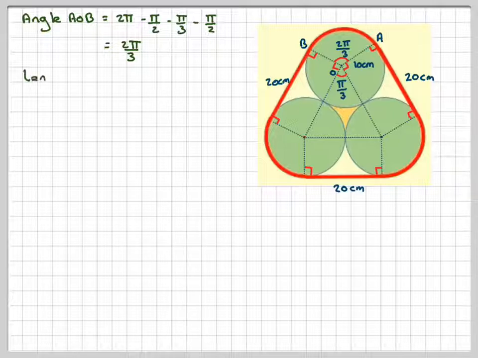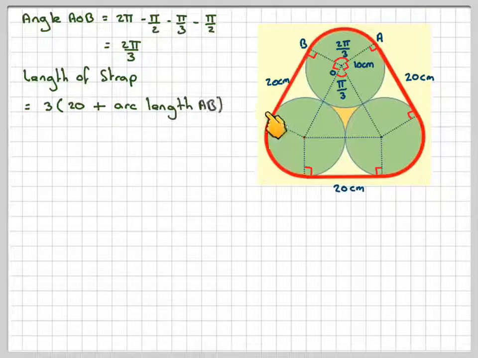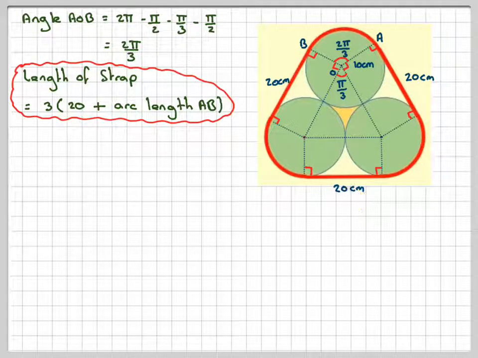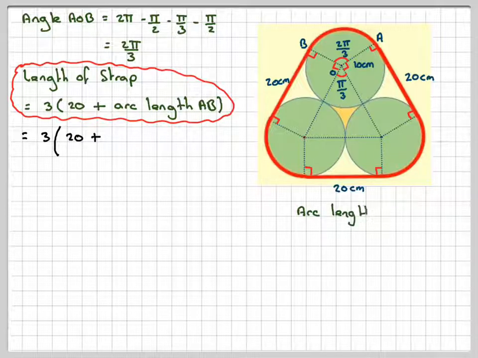So the length of the strap will be 3 times 20, there's 3 of these, plus 3 times this arc length. It appears 3 times, once here, and once here. Now if you want to find arc length when the angle is measured in radians, it's r times theta.